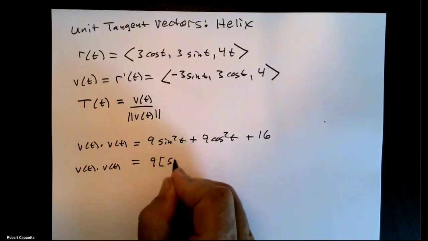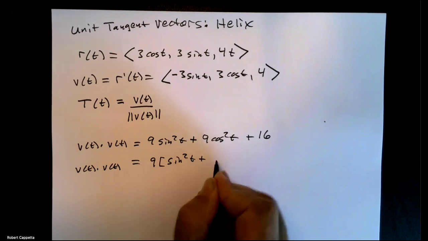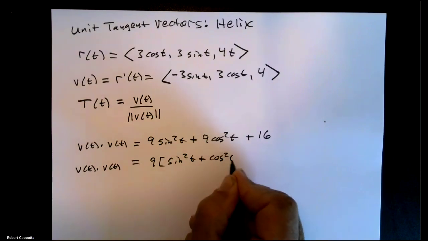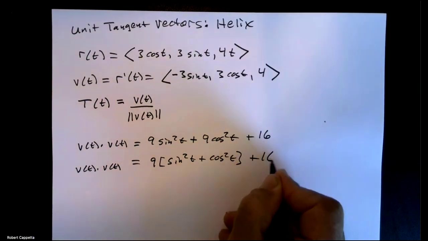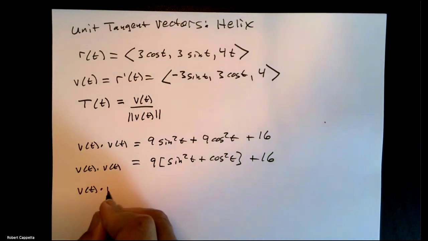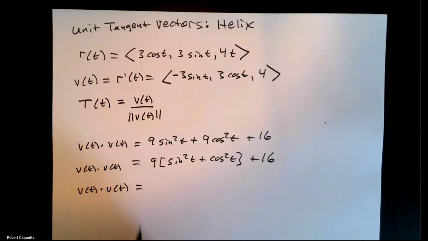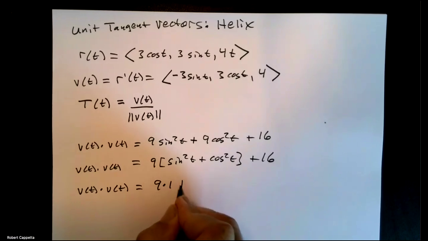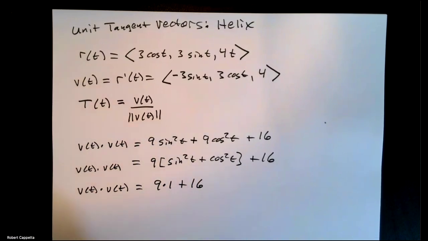Let's factor out that 9. We recognize sine squared t plus cos squared t is equal to 1. So I get v of t dot v of t is 9 times 1 plus 16. V of t dot v of t is 25.